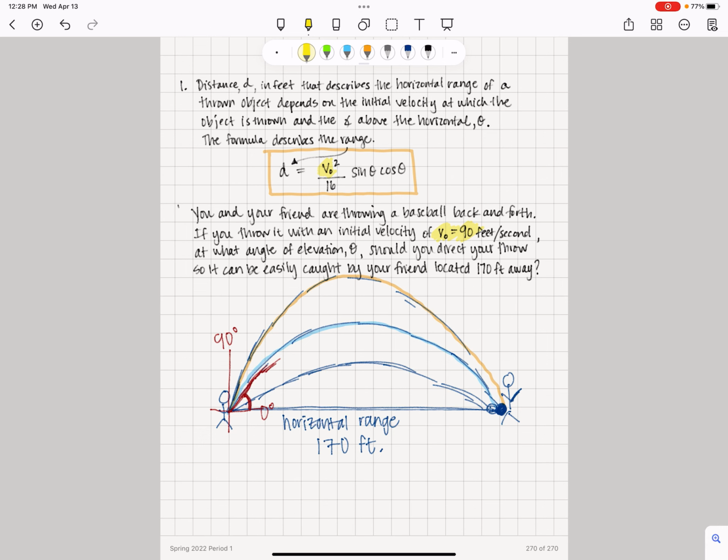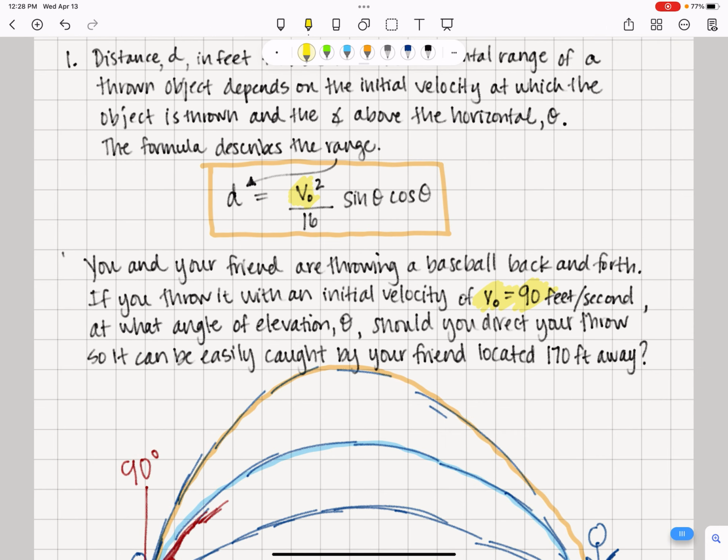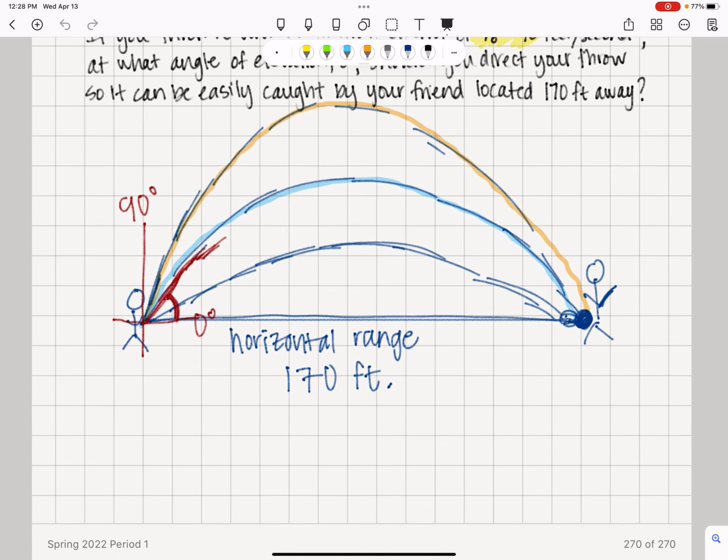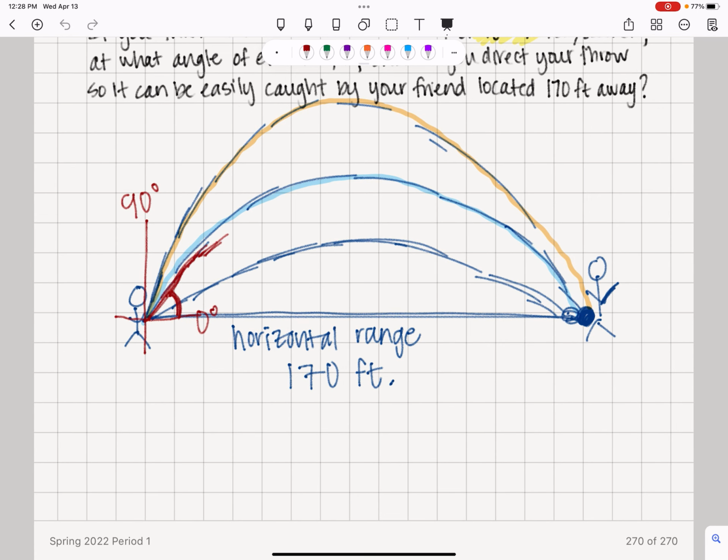So the formula says D equals the initial velocity squared, so I'm picturing 90 squared, divided by 16 times the sine of theta times the cosine of theta. And this distance right here describes the horizontal range. So that distance is 170 feet. So at this point, we're thinking we can just plug this in and figure out what our answer is, right?